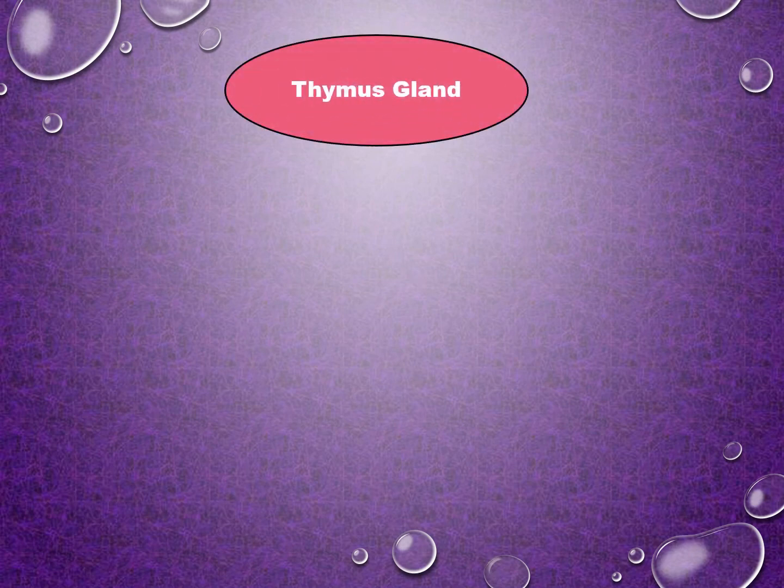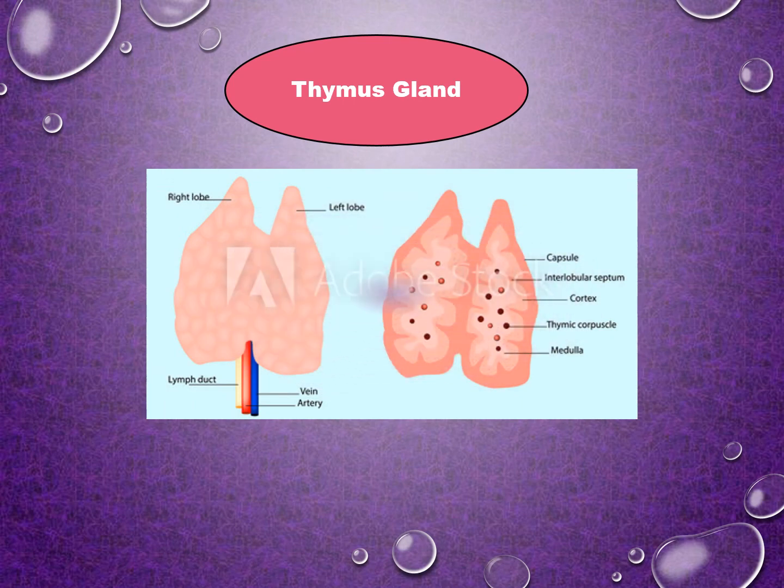Next, thymus gland. Thymus gland is partially an endocrine gland and partially a lymphoid gland. We saw about the lymph gland in the circulatory system.